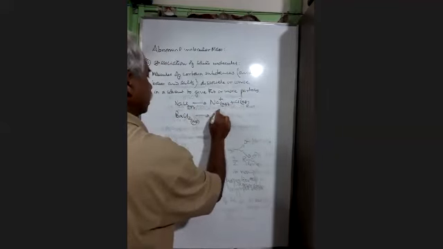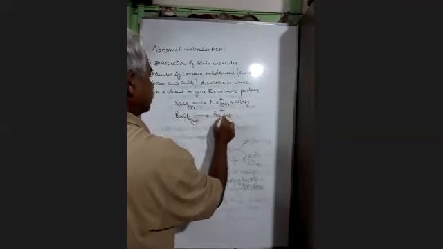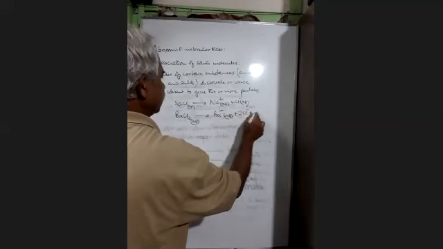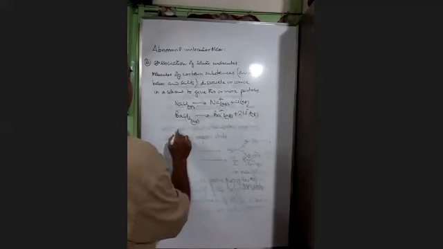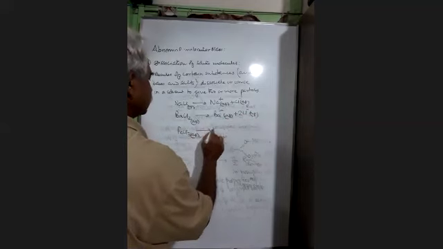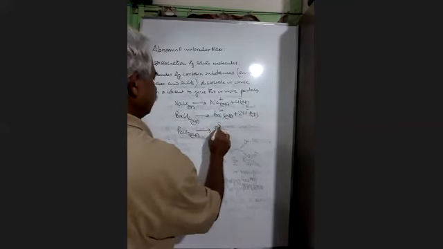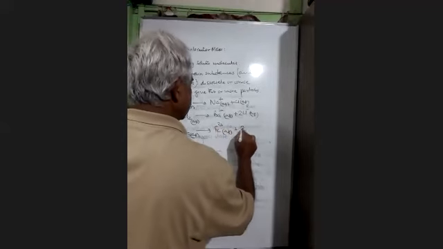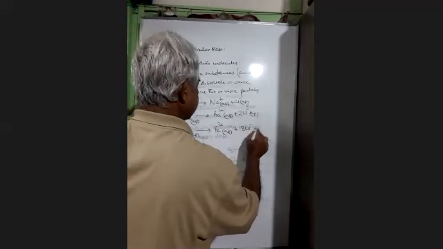Okay, I have taken here barium chloride, it gives Ba2 plus aqueous, 2Cl minus aqueous. Suppose I have taken here ferric chloride, it will give you Fe3 plus aqueous, 3Cl minus aqueous.